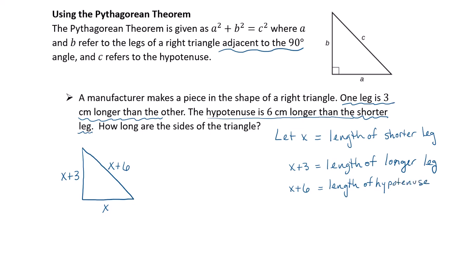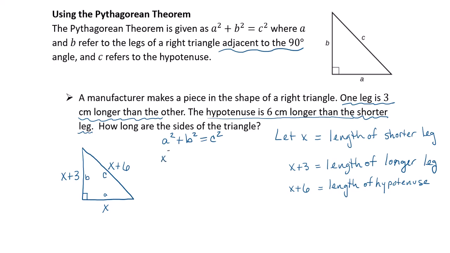Now we can put this into the Pythagorean theorem. a squared plus b squared equals c squared. You could also call this one a and this one b. That doesn't matter. But the hypotenuse is always across from that right angle, and it's the longest side, and it's not a leg.